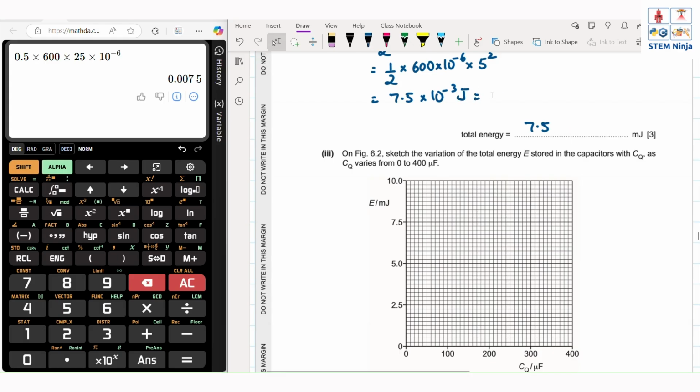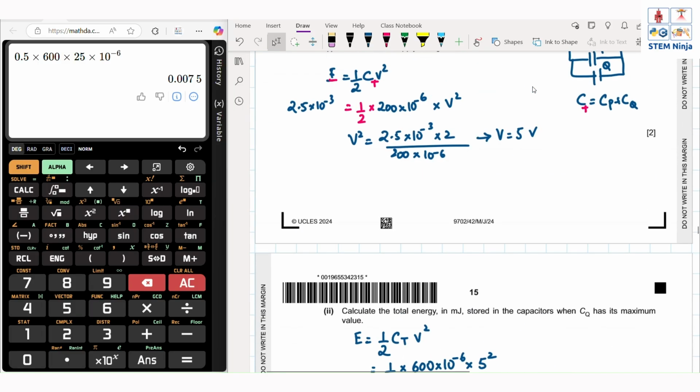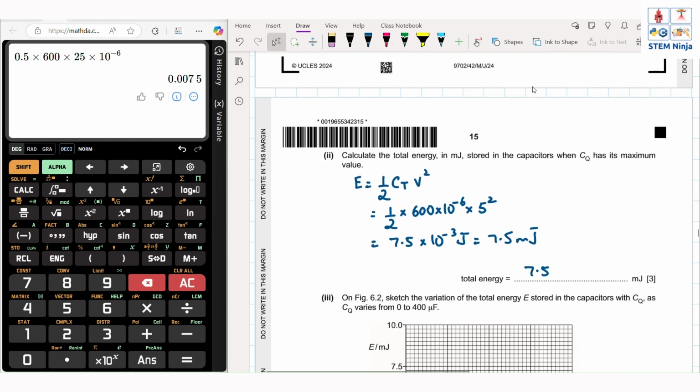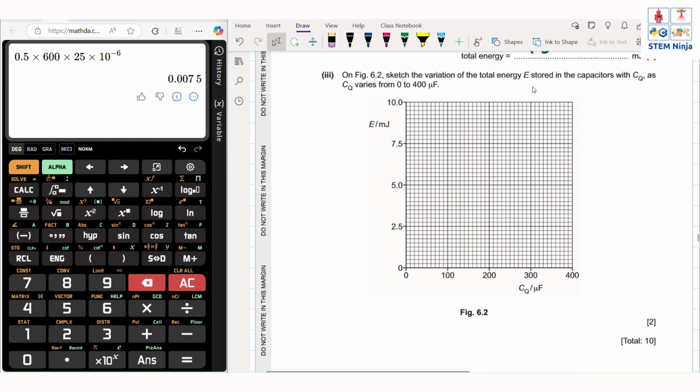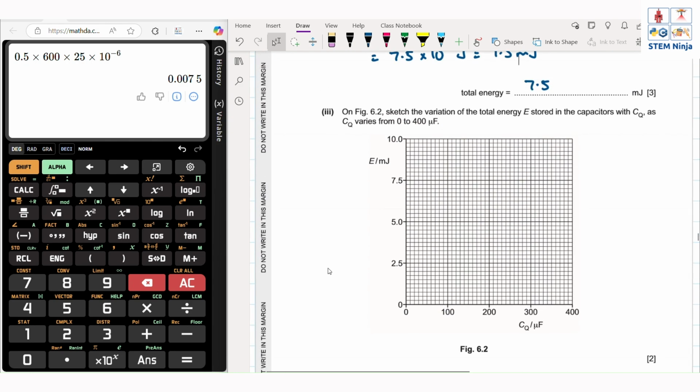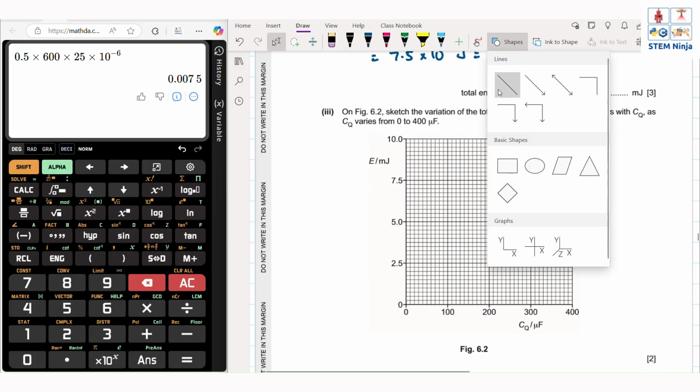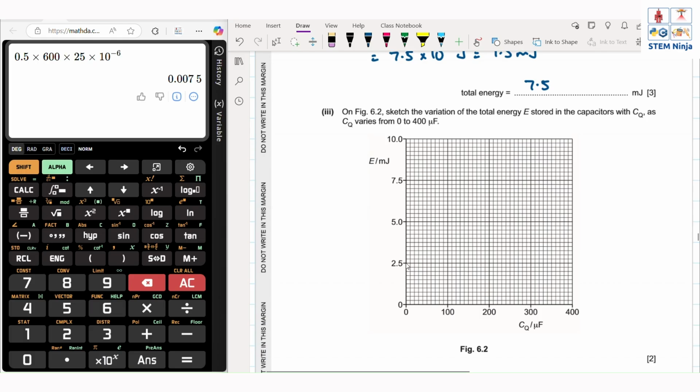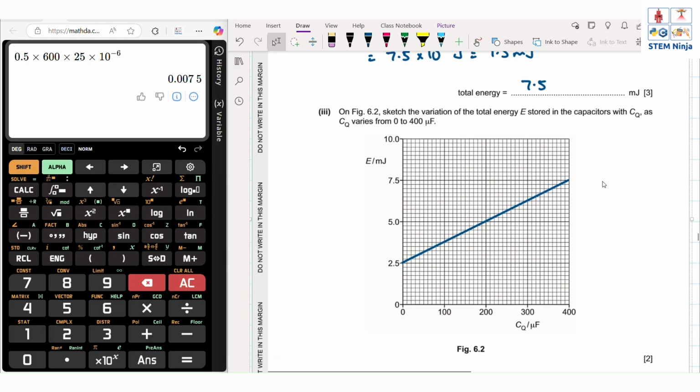So this is joules, so this is going to be 7.5 millijoules. So it starts with 2.5 and it goes to 7.5. Simple. So starts with 2.5, to 400, 7.5. That's it.